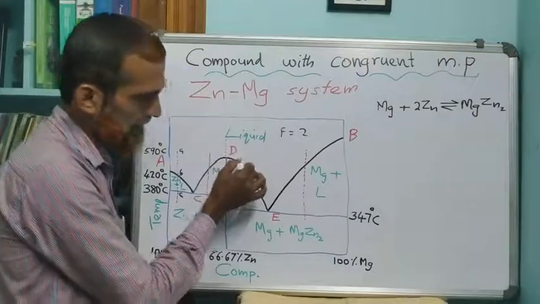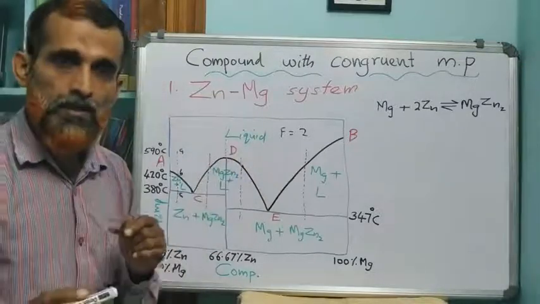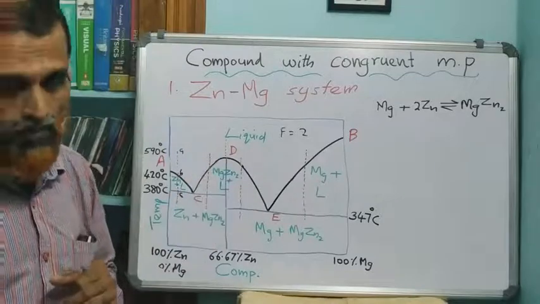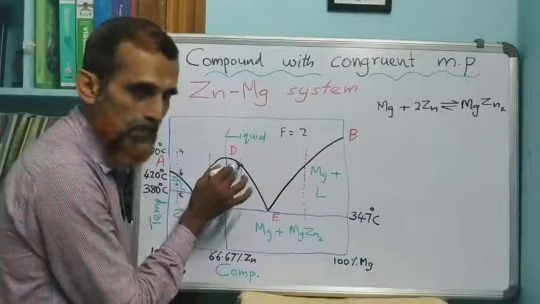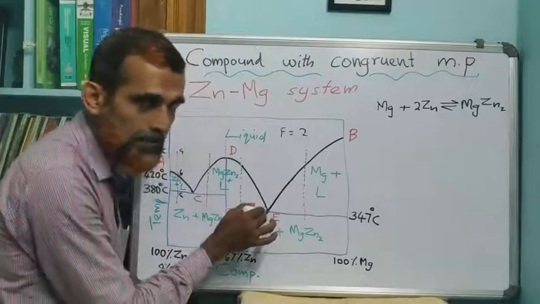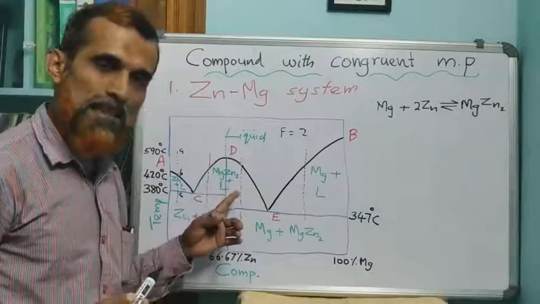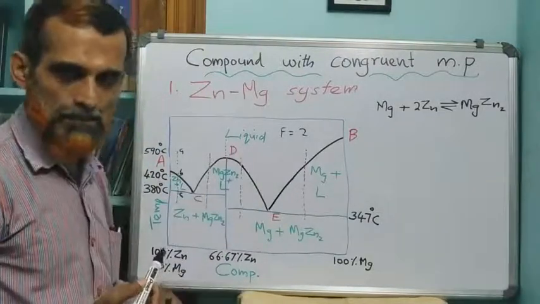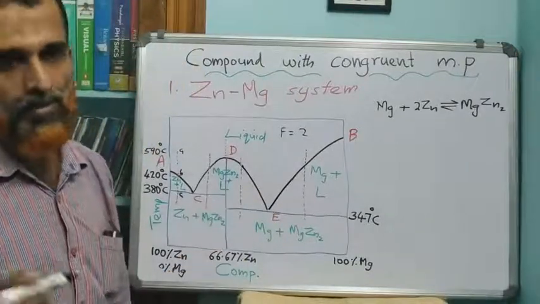When the temperature reaches this point, which will come out? This is the area of the compound, solid MgZn2 will come out. The composition of the remaining liquid will move along this, and when temperature reaches this eutectic temperature, both compound MgZn2 and the magnesium solid will start separating out until solidification is over.